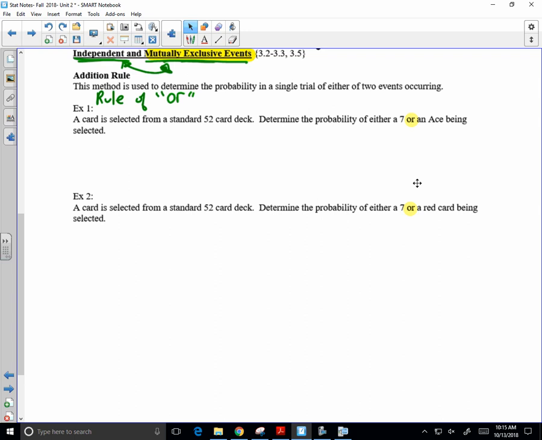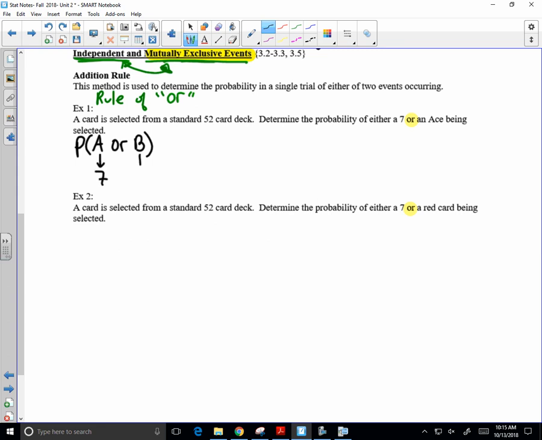So, formulas, definitely worth your time. So, generally, we would say the probability of A or B. All right, two events, A or B. In this case, event A is getting a 7.